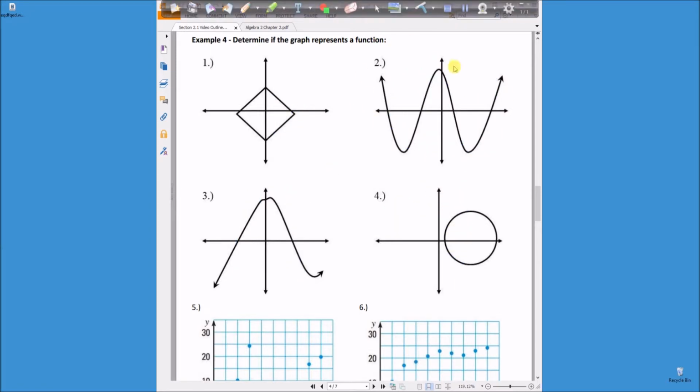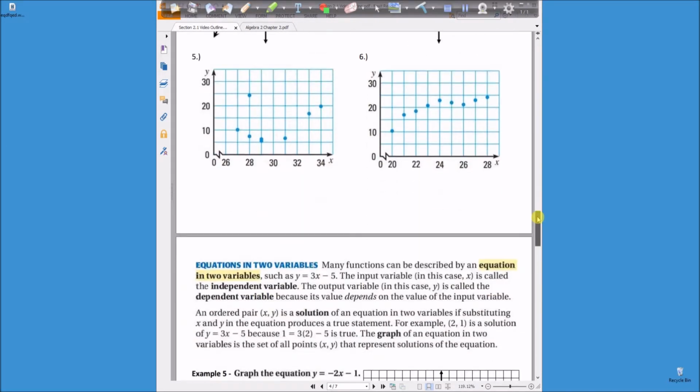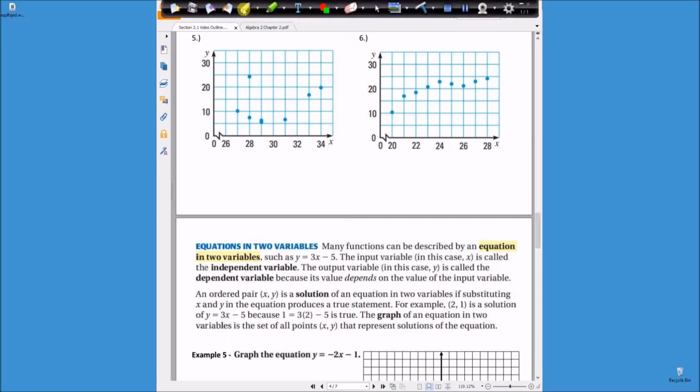Different kind down here in number 5 and 6. Very similar, but this is just like a little scatter plot of points, and you need to be able to recognize this as well. So if you look at this, you can still use the vertical line test. Now you can see these are all vertical lines here, and they only cross every point once.